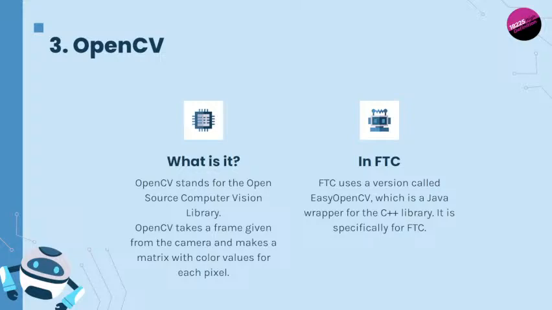OpenCV stands for Open Source Computer Vision Library, and it takes a frame from the camera, which is like a photo from the live video, and it makes a matrix for each of the color values at every pixel.